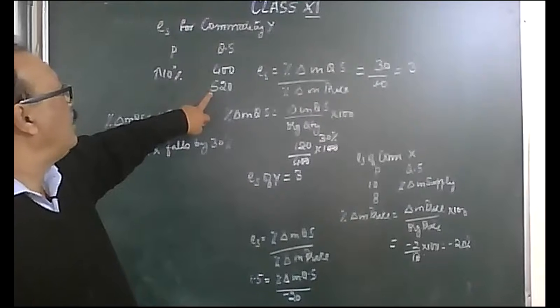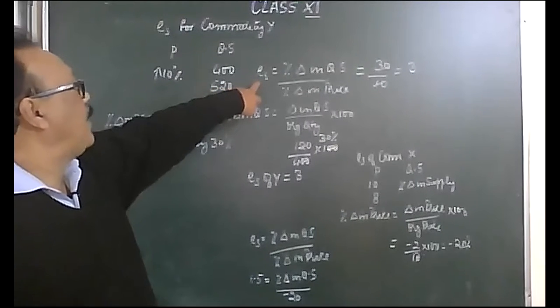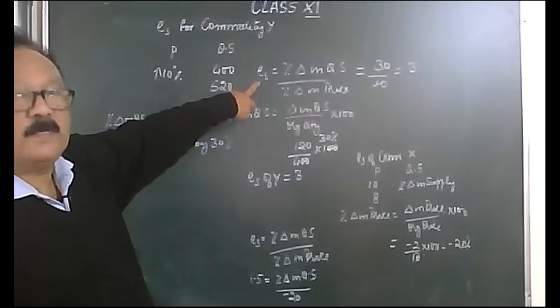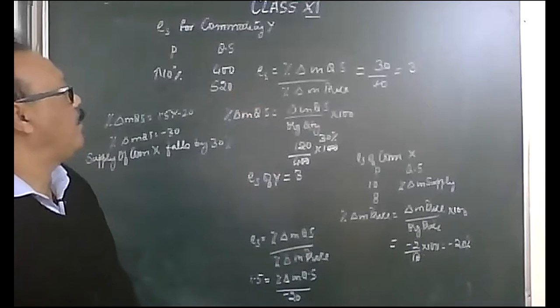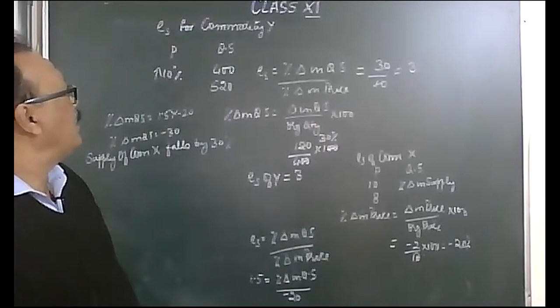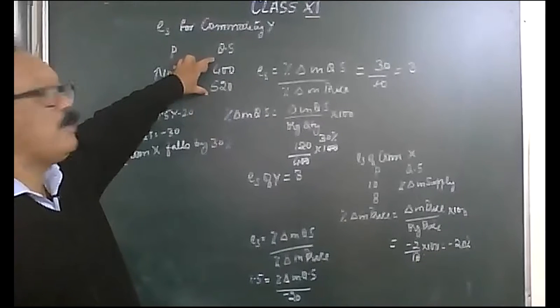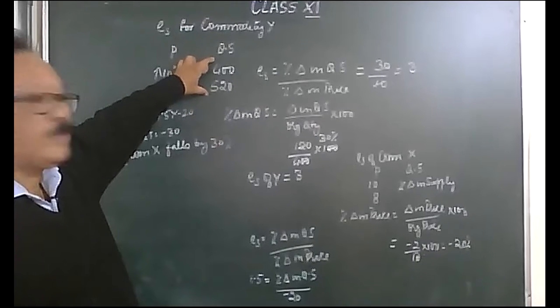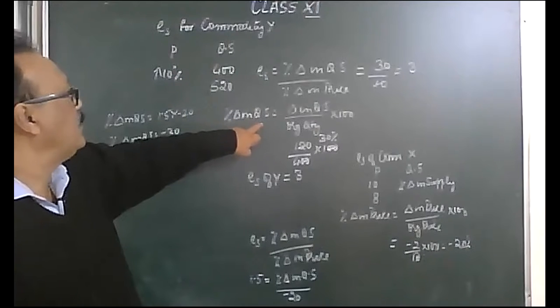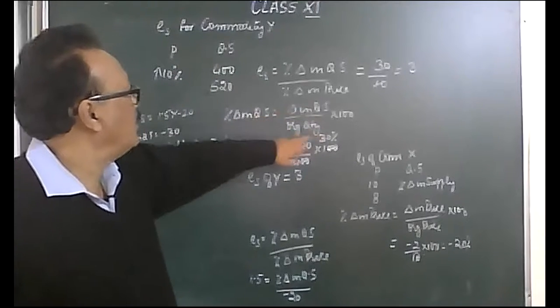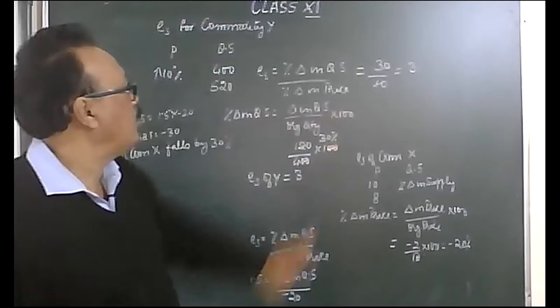So let us work this out. Elasticity of supply, if we take the percentage method, is percentage change in quantity supplied upon percentage change in price. Now, what is the percentage change in quantity supplied? We have the values, let's find the percentage change. The formula is percentage change in quantity supplied is change in quantity supplied upon original quantity into 100.